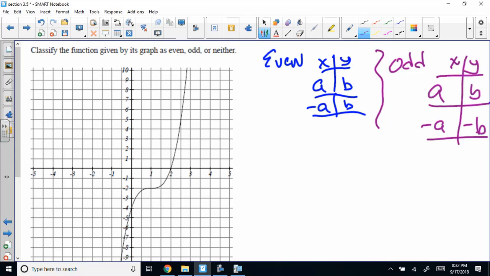So here, pick a point that goes through a perfect grid, please. Pick a point on this graph that goes through the perfect grid. Which one do you think it is? I like this one. Well, here, 2, 0. Yeah, but what's the opposite of 0? Yeah, I wouldn't hang my hat on that one.